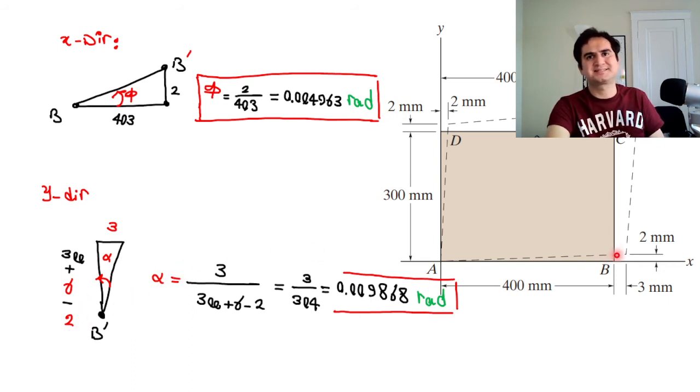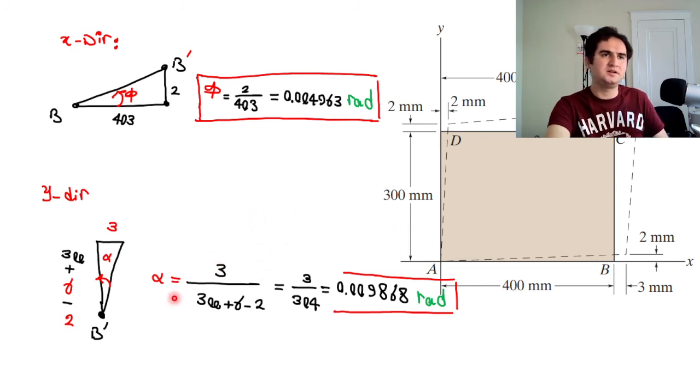So there is a 6 millimeters minus 2 relative, you have to subtract that. The original length was 300, so that's a change from here to here. This is 6, this is 3. 6 minus 3 is 3, comes here.